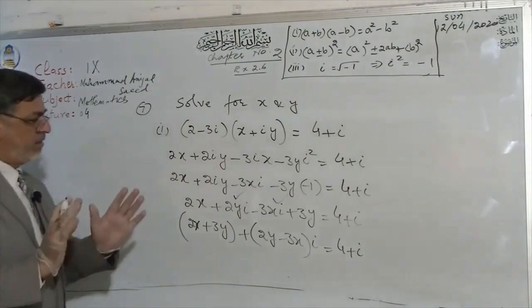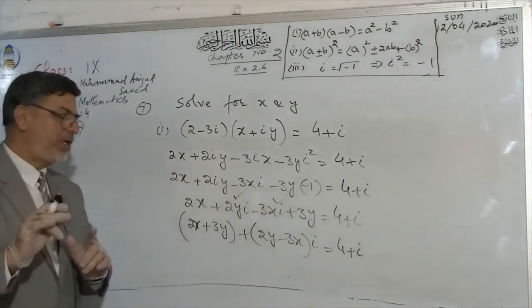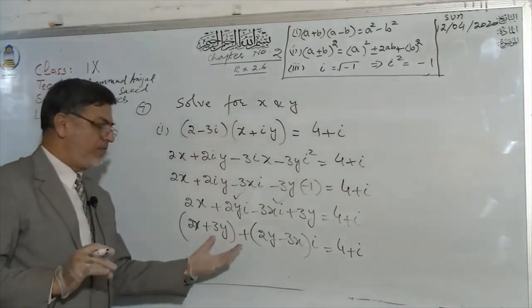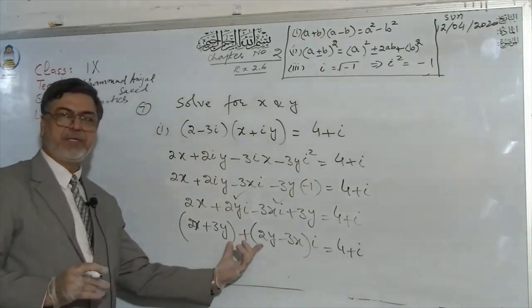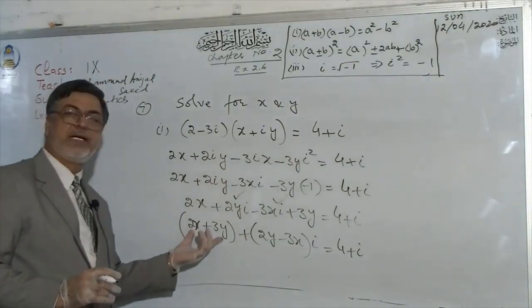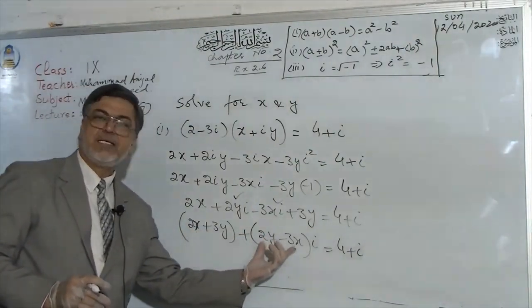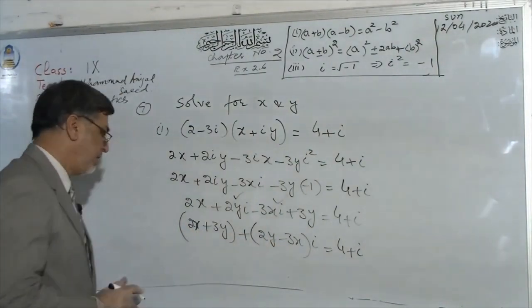After that, remember, I have told you already that we are going to convert this into a single complex number. This is a single complex number, whose real part is the first bracket and imaginary part is the second bracket along with iota.